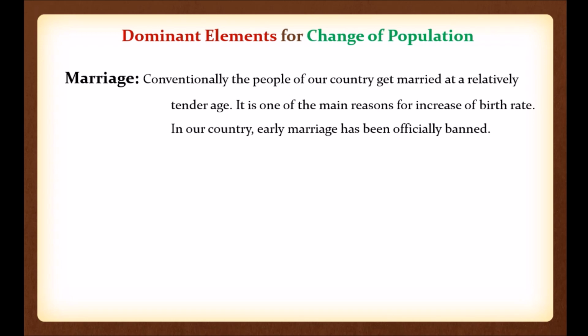That means young. They are pretty much young and they are getting married. That means if anyone is getting married at 22 or 23, then there might be an increase of birth rate.